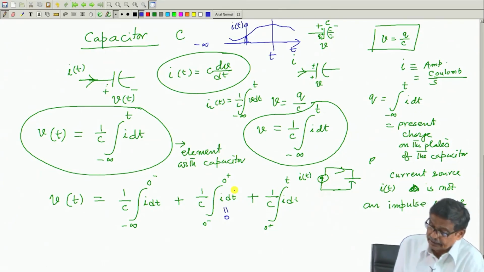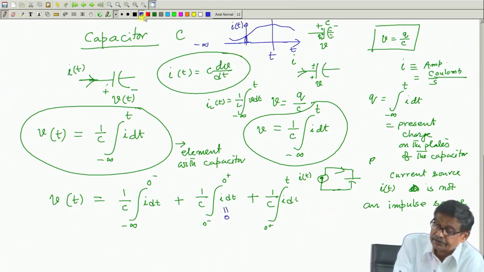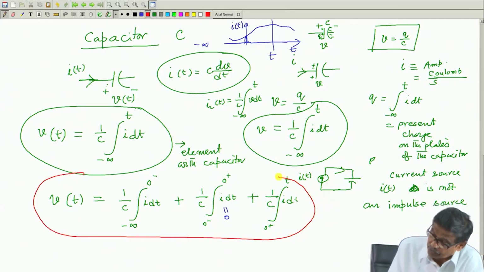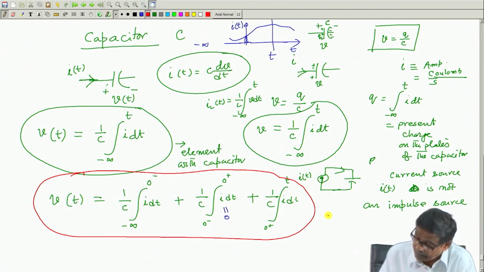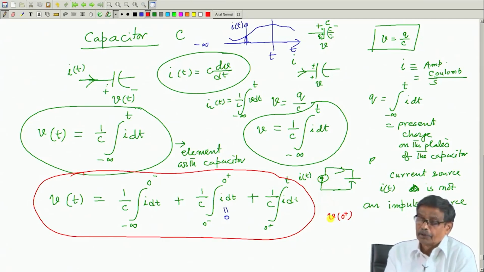Therefore, I will say that this gives the voltage across the capacitor. So, this is the general expression, fine. Put any value of time, t equal to 5 second, and you will get the voltage across at t equal to 5 second. So, I will now say V at 0 plus. So, what should I do? t will be 0 plus.